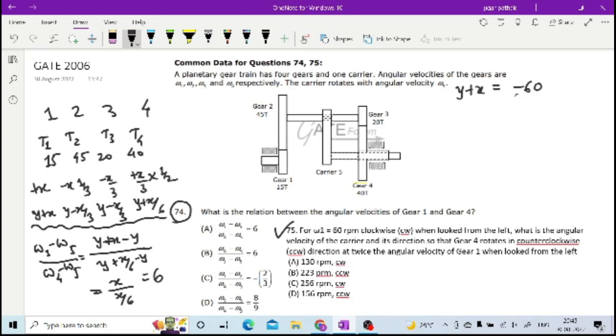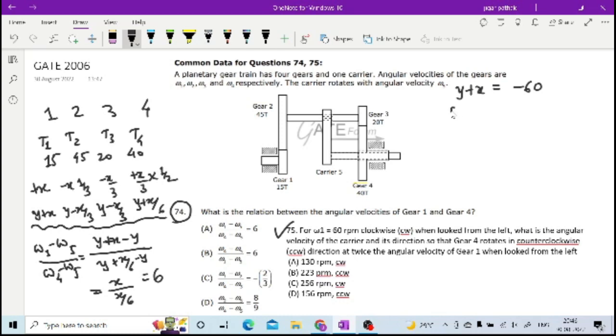So for omega 1 equal to 60 rpm clockwise, when looked from the left, what is the angular velocity of the carrier and its direction, so that gear 4 rotates in counterclockwise direction at twice the angular velocity of gear 1 when looked from the left. So your omega 4 is twice the speed of 1, right?